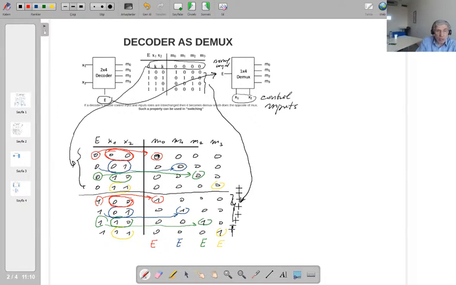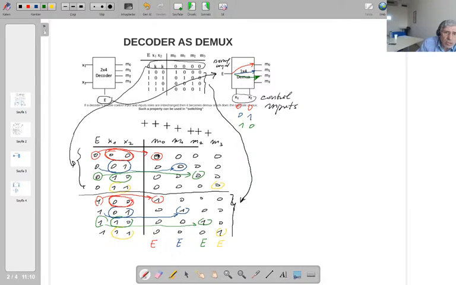Let's interpret this definition relation in here now. When my control inputs are 0, 0, this E is transferred to M0. If you choose the control input 0, 1, then this E value is transferred to M1. If you choose the control input 1, 0, then E input is going to be transferred to M2 here.